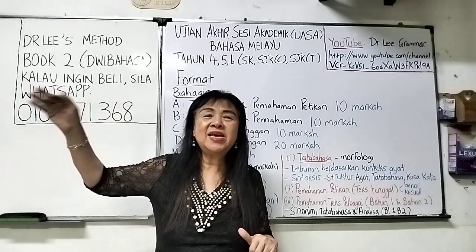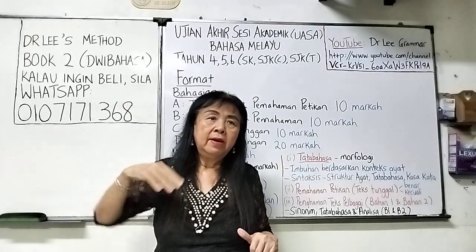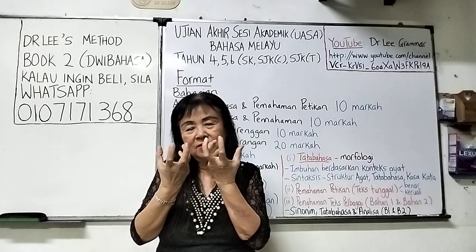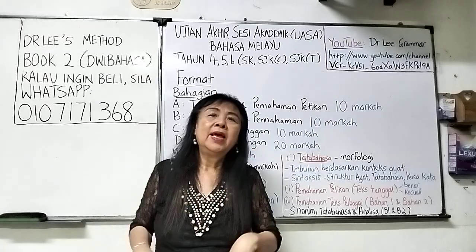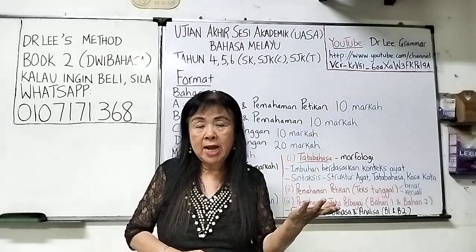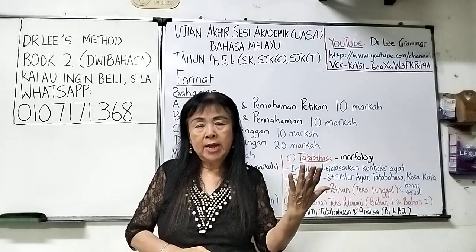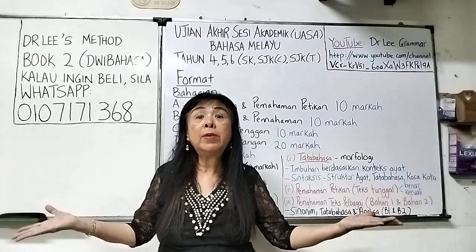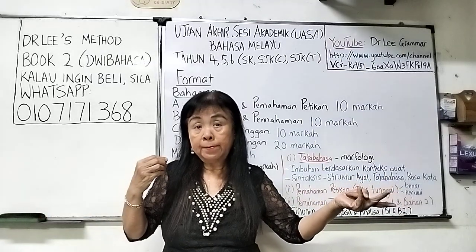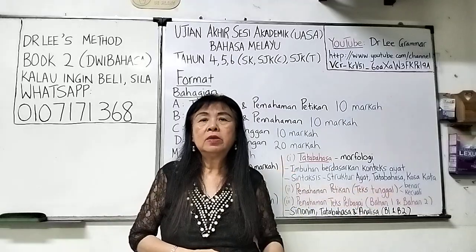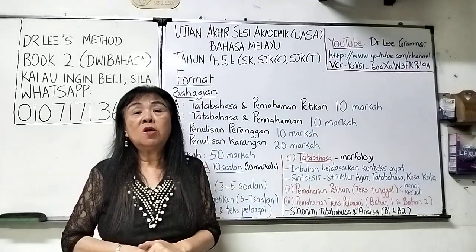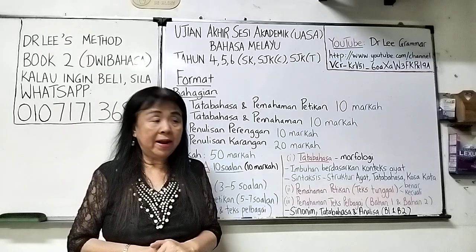So A, keping, a piece of. B, biji, something that is round like fruits. C could be kuntum, like a flower, sekuntum bunga. And then D could be buah. And D is the answer. Why? Sebuah buku. 2 buah buku. So for books, we use the word buah. And that would be another question. And that question is based on tata bahasa or grammar.